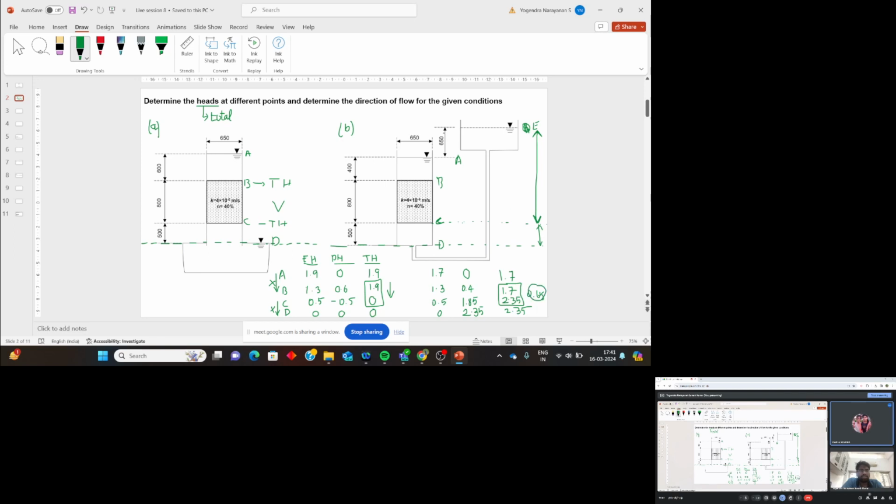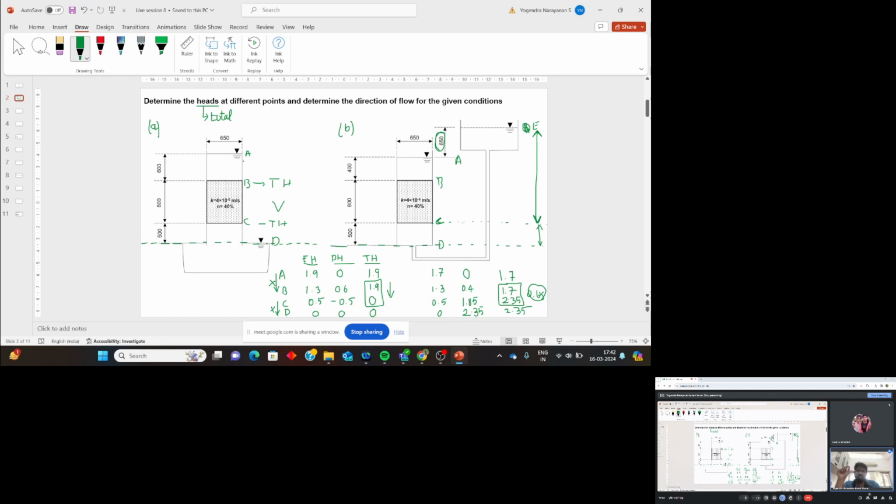So this is the same here. Are you able to see here? Yes, sir. One of the very easy methods to analyze this is to check the water level between these two levels, right?